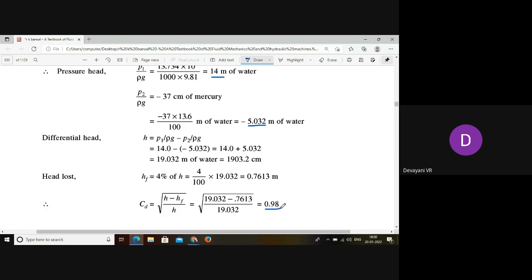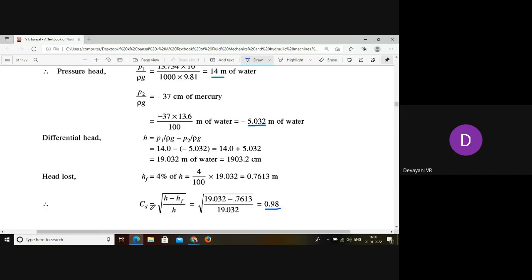So like this, we can calculate the coefficient of discharge if they have not given the value in the problem. If they don't give any head loss value, you can directly take the value as H by H, so the coefficient of discharge will be 1 only, isn't it?